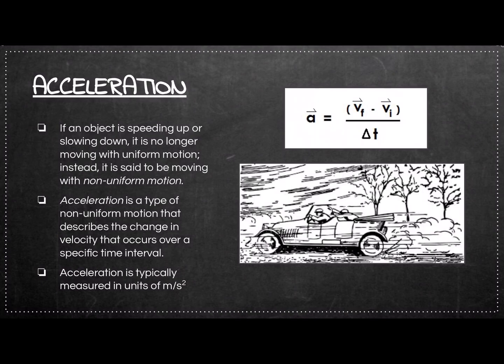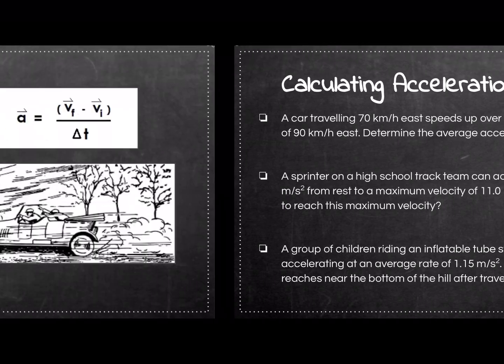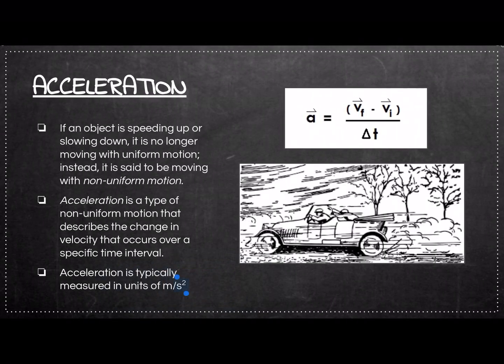Acceleration is typically measured in units of meters per second squared. So what you see here is the formula that we use for acceleration, and it has A meaning our acceleration, and then our velocity.